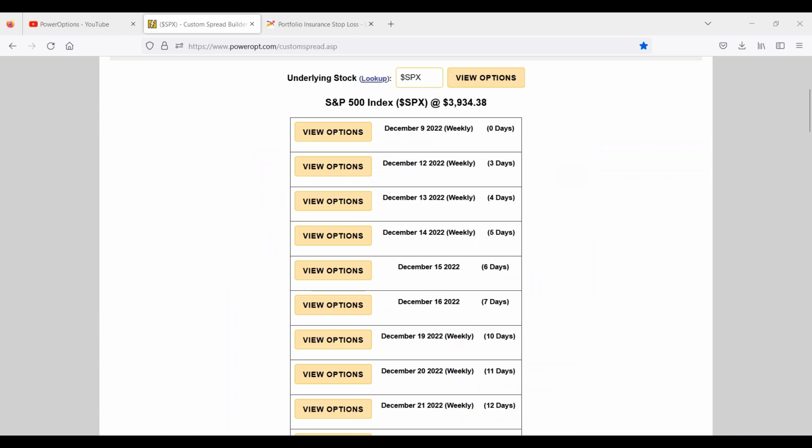So again, we'll just go to the standard December 16th expiration and get the proper function going here. 38.80. 38.90. I know you're not seeing what I'm doing here. It's just to save the scrolling effect for you.